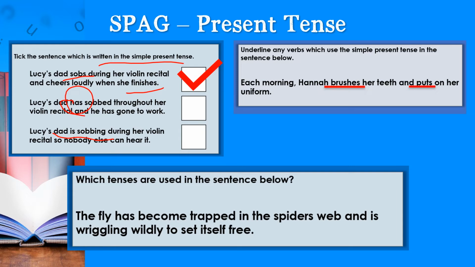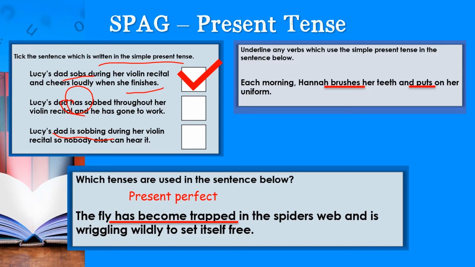Okay, and then look at this last question. Which tenses are used in the sentence below? The fly has become trapped in the spider's web and is wriggling wildly to set itself free. So, has become trapped is the present perfect. It's already trapped, but we're talking about it still being in the web.